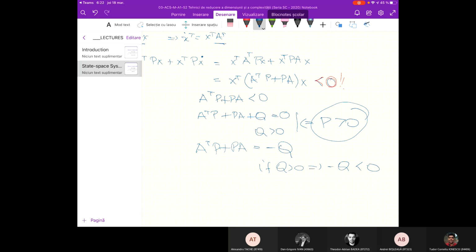So now do you understand the reasoning? If P is positive definite, then Q, the solution of this equation, is positive definite. So minus Q is negative definite, and then you get your result.